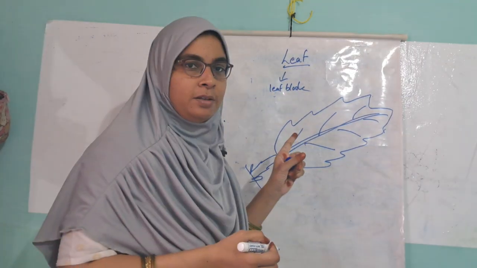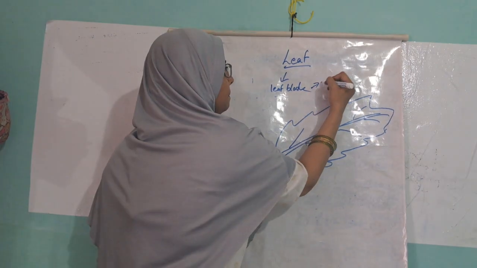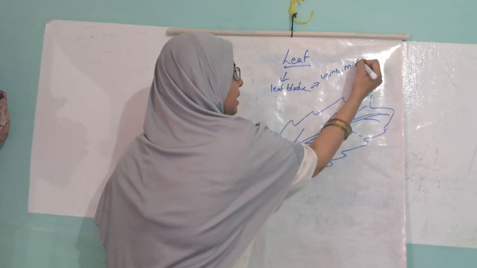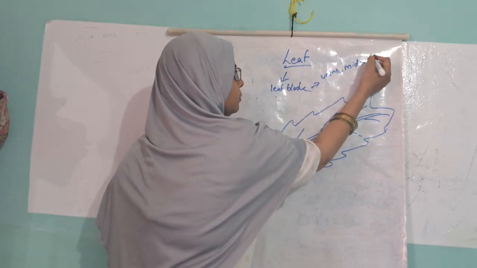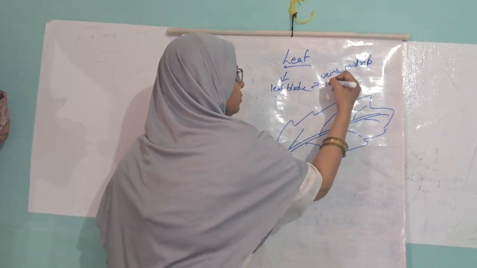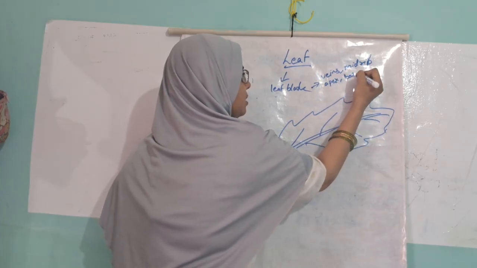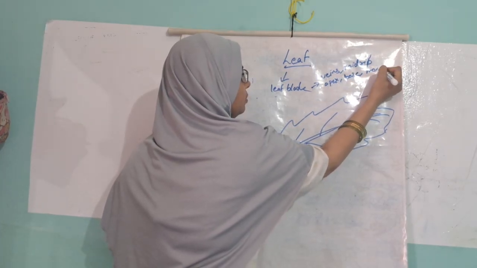In the leaf blade, there are veins, midrib, apex, base, and margin.